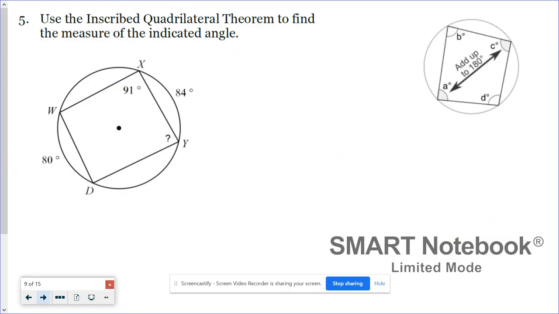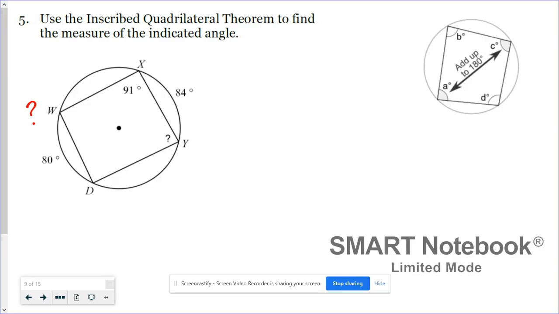For the inscribed quadrilateral theorem, remember opposite angles are supplementary. In number 5, ultimately I want to find angle Y, but I don't know angle W. If I knew angle W, I could use the supplementary relationship and go 180 minus it to get angle Y. So let me look at what I've got.